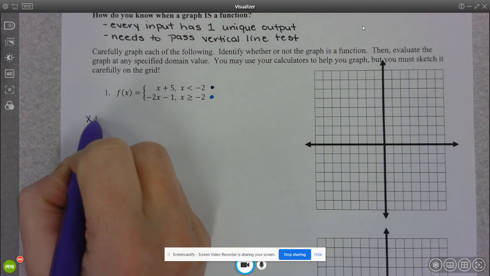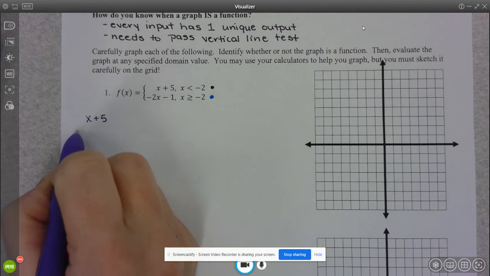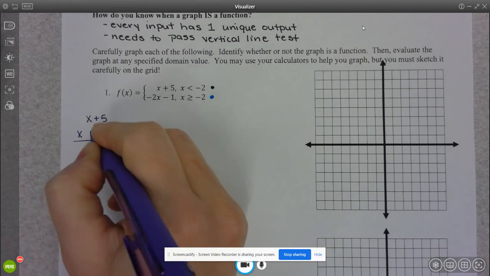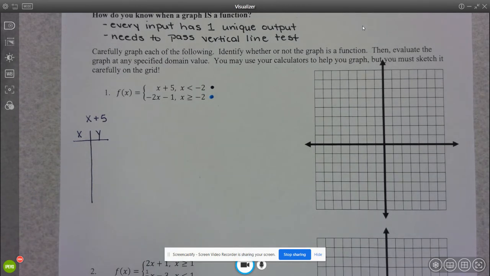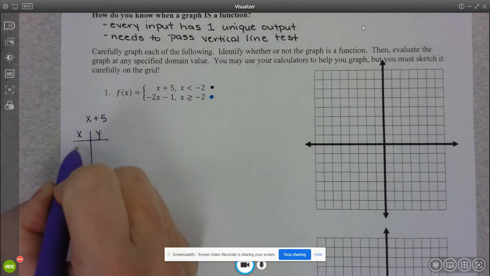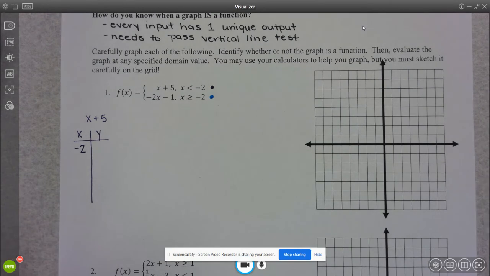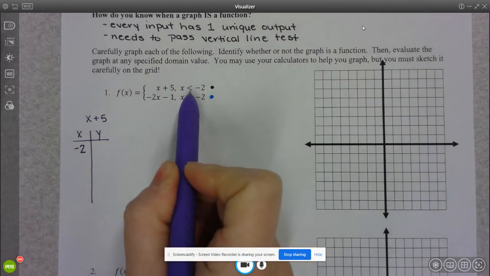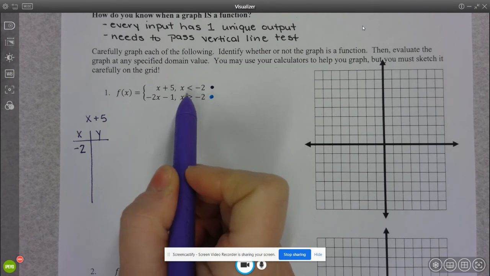First, I'm going to start by actually making a table. If I'm going to do it with a table, I have to include this value. And then I need to do numbers that are smaller than -2.